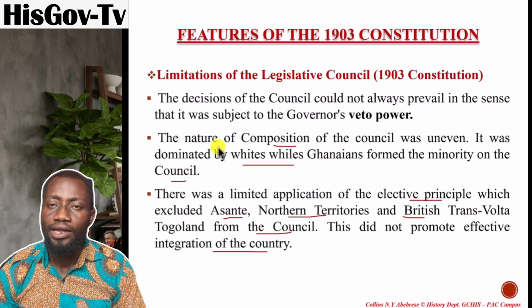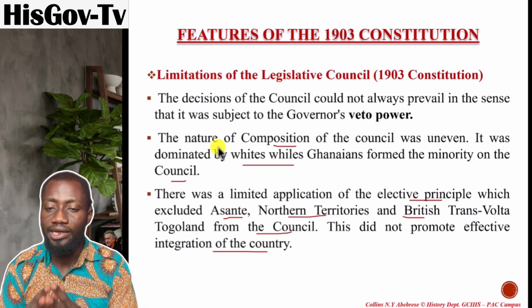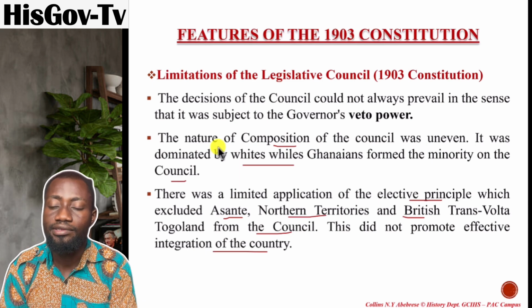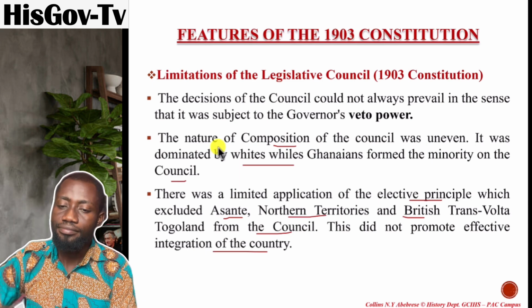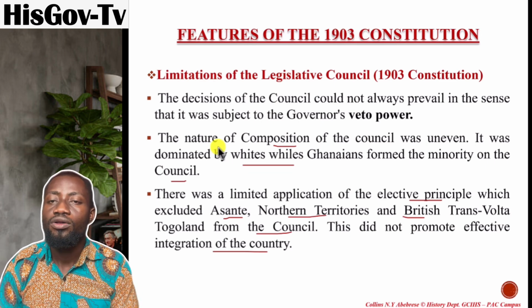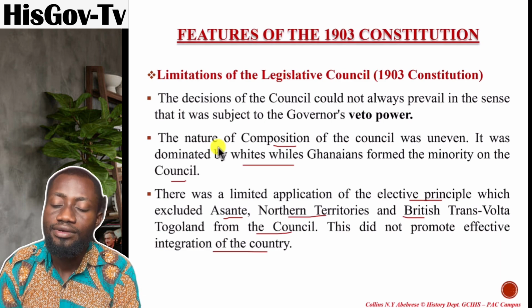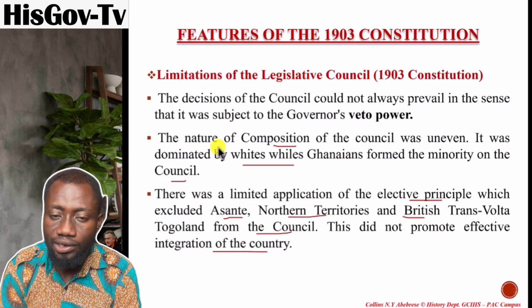And so the educated elite would always protest against this. They protested against this 1903 constitution, which would then lead to the promulgation or the introduction of a new constitution in 1916 by Hugh Clifford.